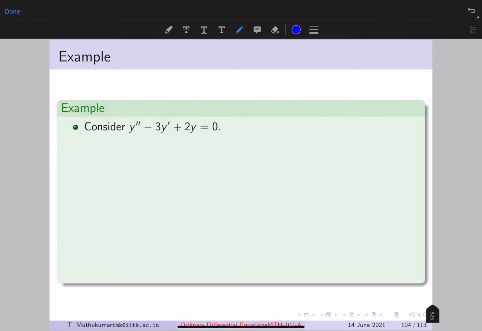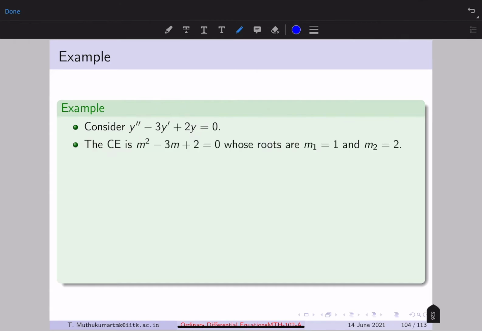So let's look at an example. You have taken a second order linear ODE with constant coefficients, in this case 1, -3 and 2. To find all the solutions of this differential equation, first you have to look at the corresponding characteristic equation, which is a polynomial of degree 2 in this case.